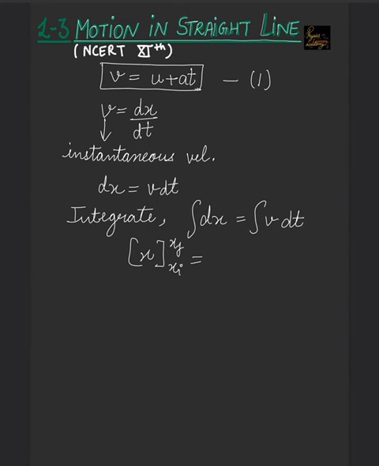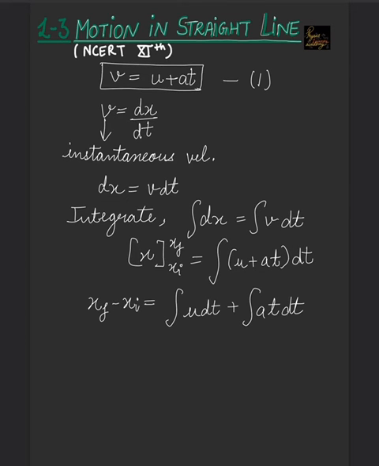We wrote u plus at, use equation 1. Okay, now what we have is xf minus xi is equal to u dt plus a t dt.